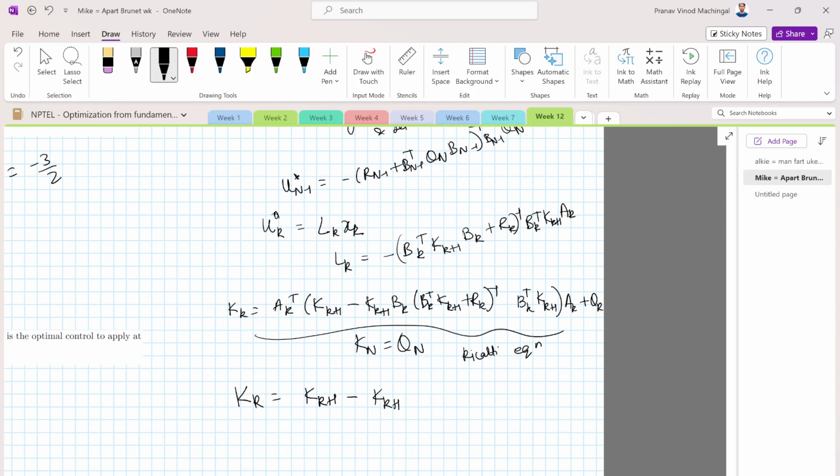Yeah, so this is k plus 1 plus 1 inverse into k plus 1 plus 1.